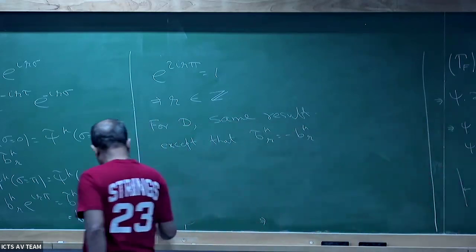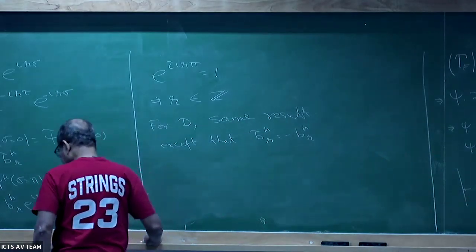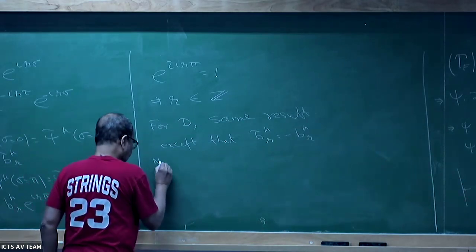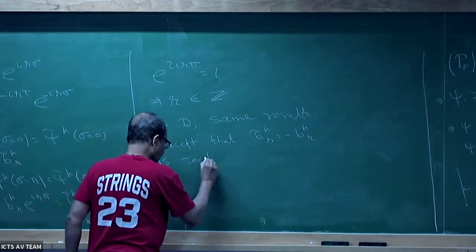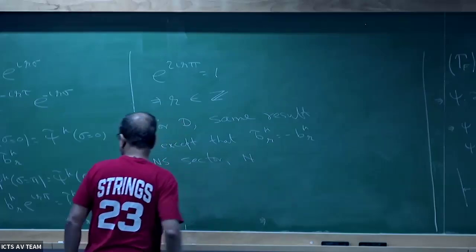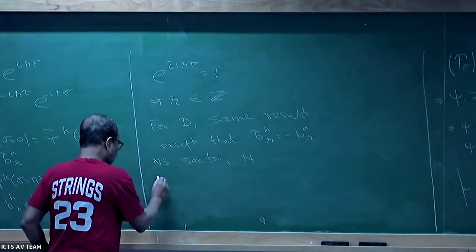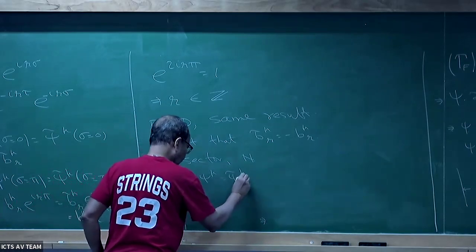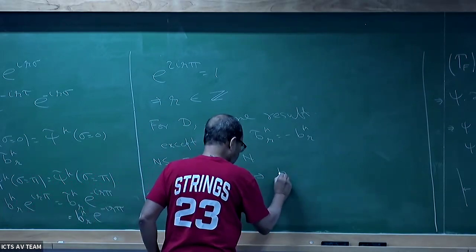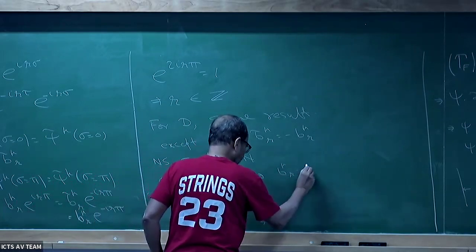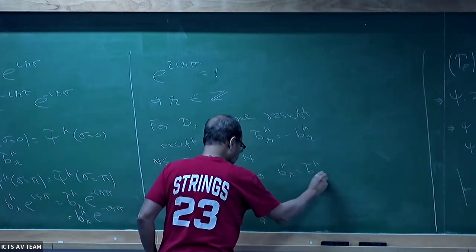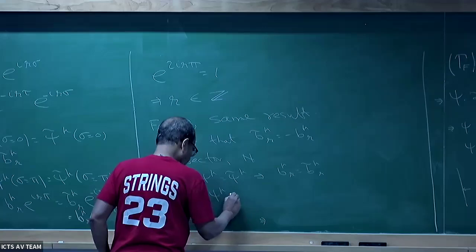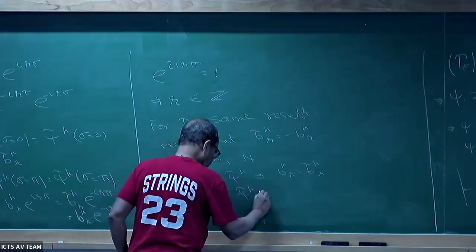Okay, so for NS, let's just repeat this. The NS sector, with a normal boundary condition at sigma equal to 0, we have psi mu equal to psi tilde mu. This implies B mu r equal to B tilde mu r. At sigma equal to pi, psi mu equal to minus psi tilde mu.